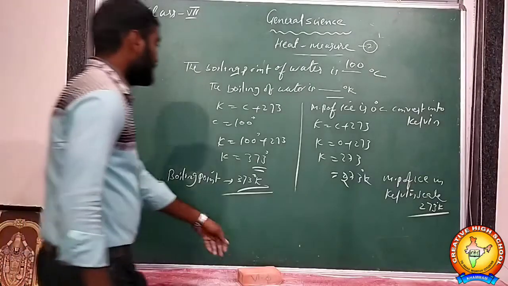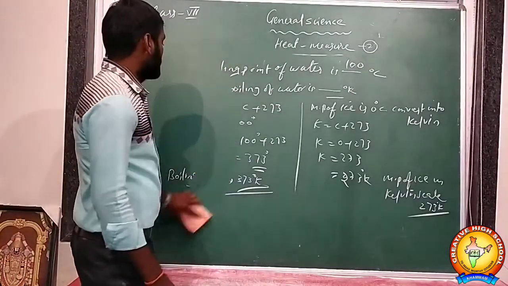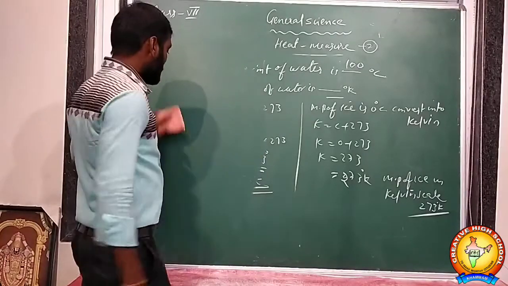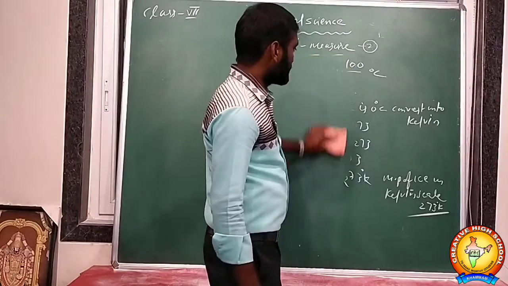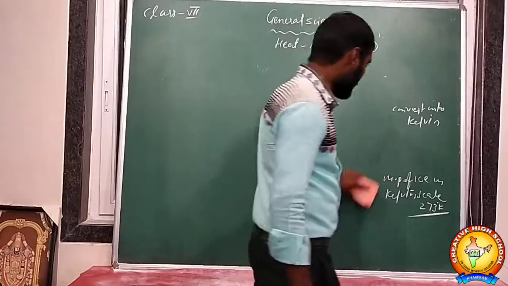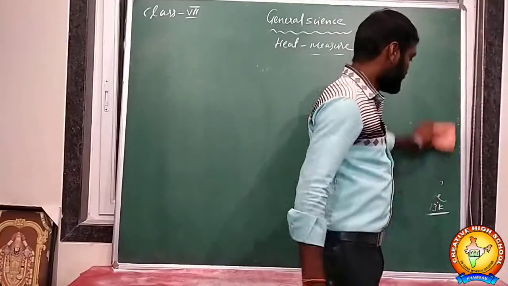Students, I think you copied. So next step. Already I have given you the normal human temperature. The normal human temperature is how much? 98.6 Fahrenheit or 37 degrees Celsius.